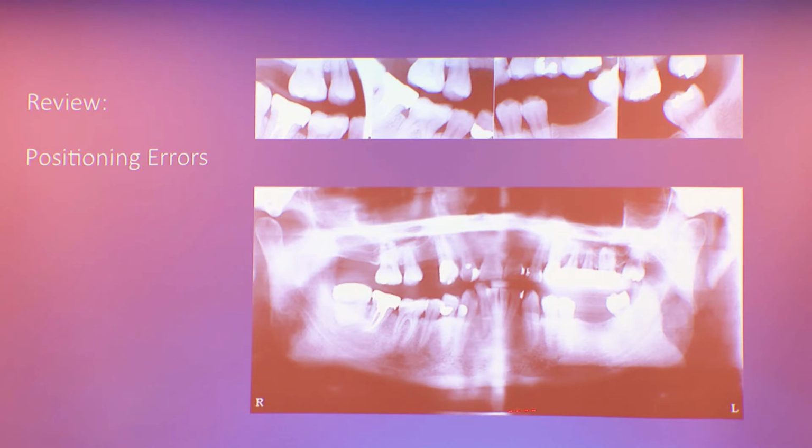Well, in evaluating this pan, there are a number of errors. The chin was up too high. The head was rotated. Look at the magnification of the mesiodistal dimension here compared to here.